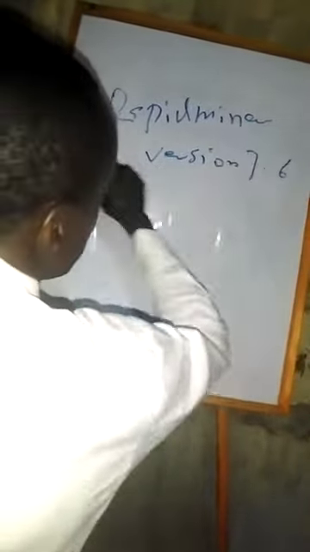version 7.6. Rapid Miner has inherent capacity to estimate data mining techniques.